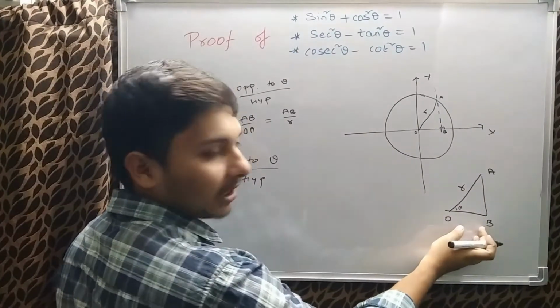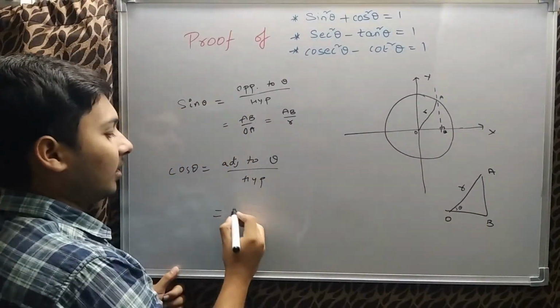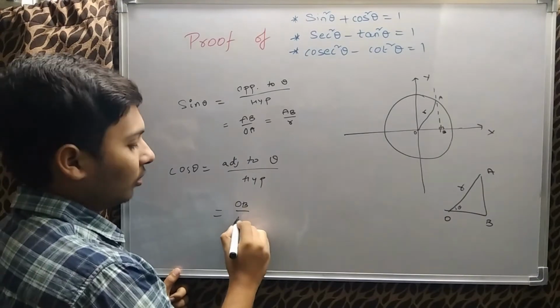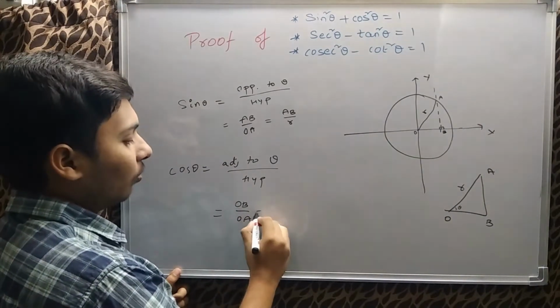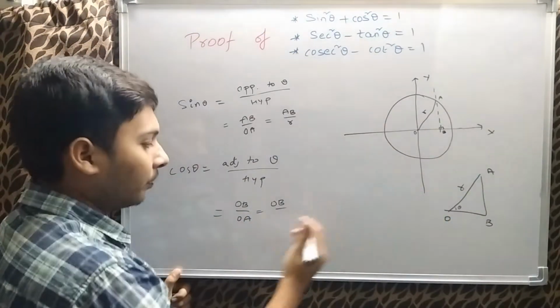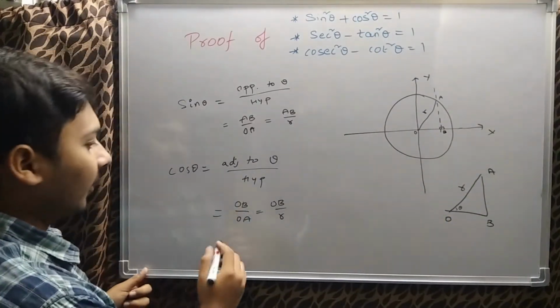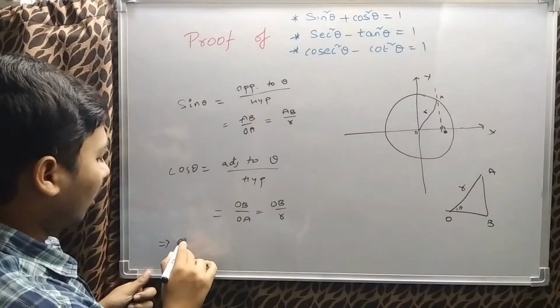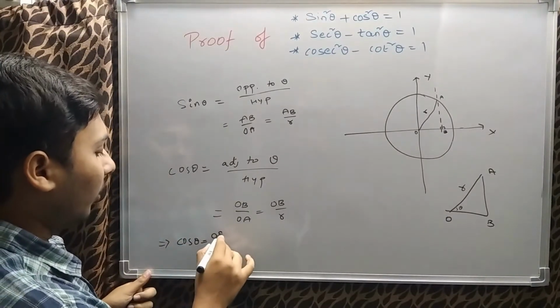And adjacent side to theta is OB, so cos theta is equal to OB by hypotenuse OA, which is OB by r.